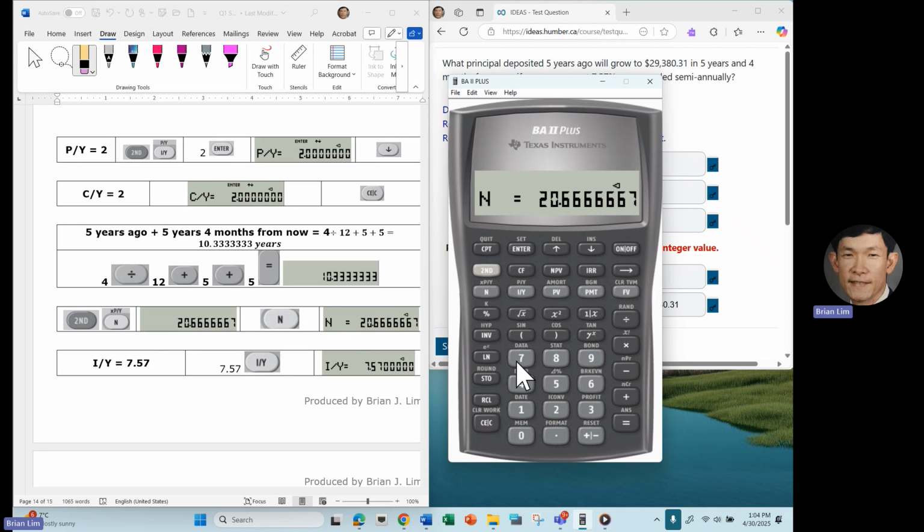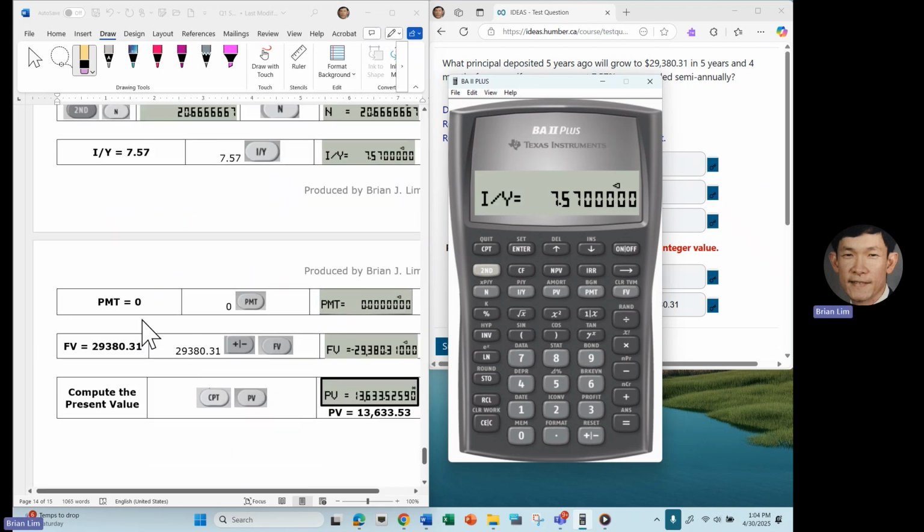So 7.57 is the interest rate, so 7.57, that is IY. Then we go down, 0 for the payment. And the future value, we have it. It is 29380.31.